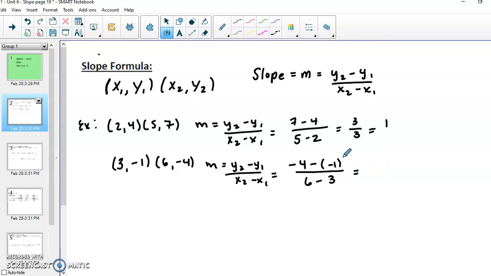Be careful of your signs. We have negative 3 over 3, and that simplifies to be negative 1. If you need more examples on this, tune into your live lesson, of course, and there are also tons of examples online. But best advice would be to tune into your teacher.